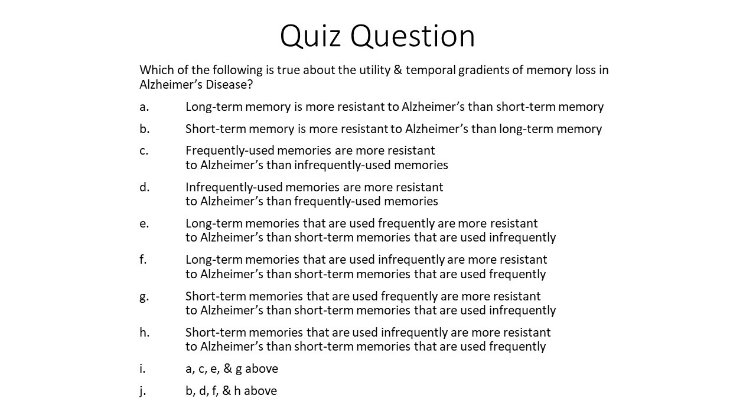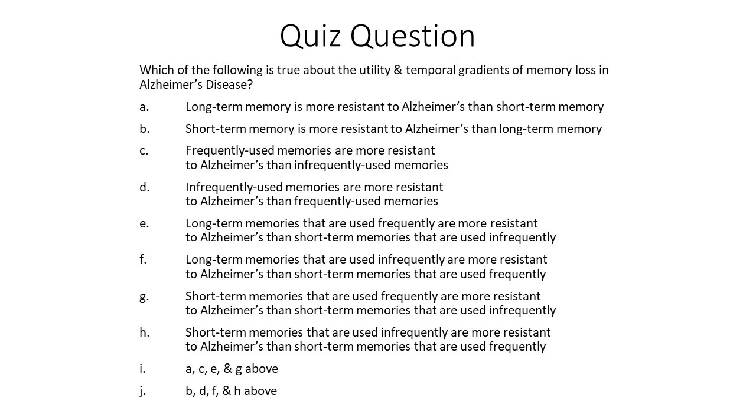F, long-term memories that are used infrequently are more resistant to Alzheimer's than short-term memories that are used frequently. G, short-term memories that are used frequently are more resistant to Alzheimer's than short-term memories that are used infrequently. H, short-term memories that are used infrequently are more resistant to Alzheimer's than short-term memories that are used frequently.